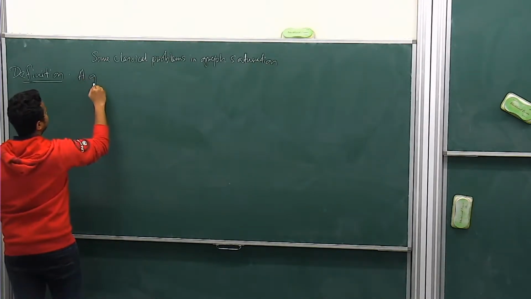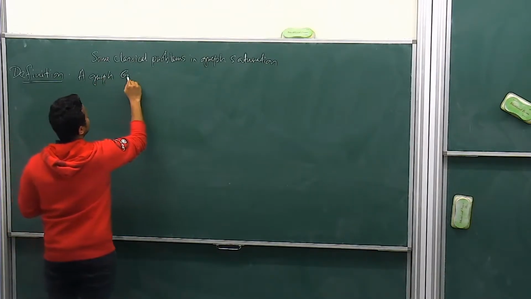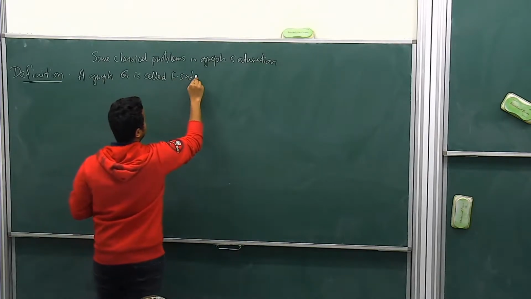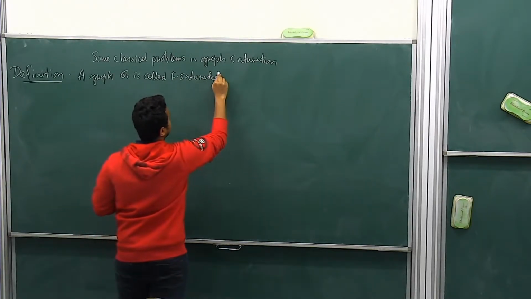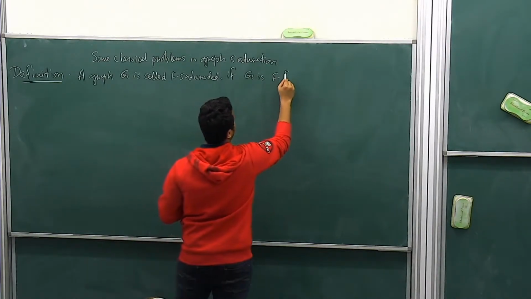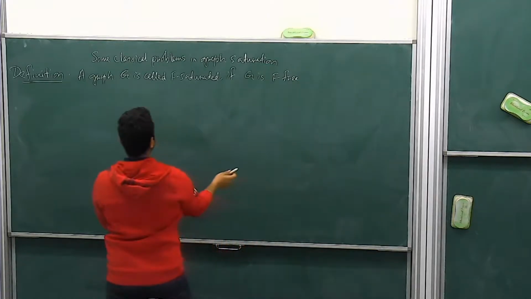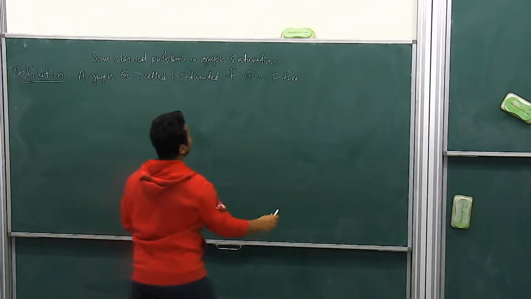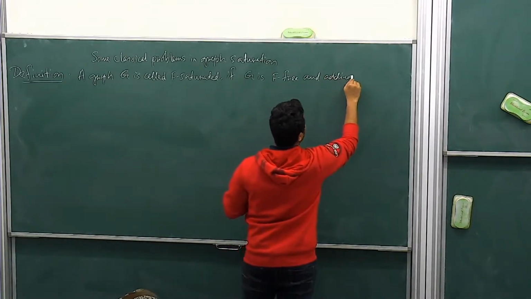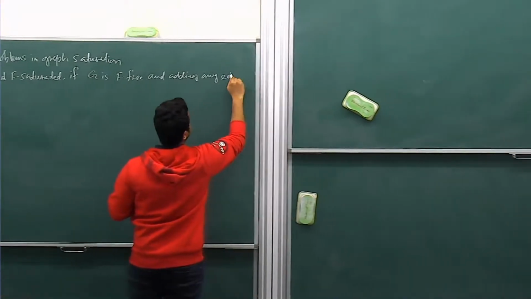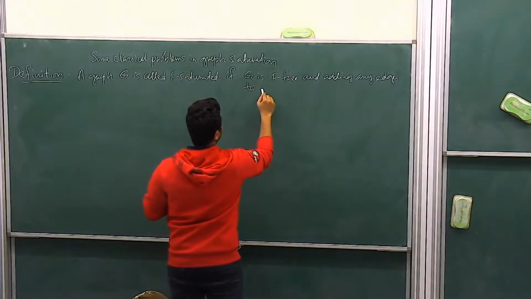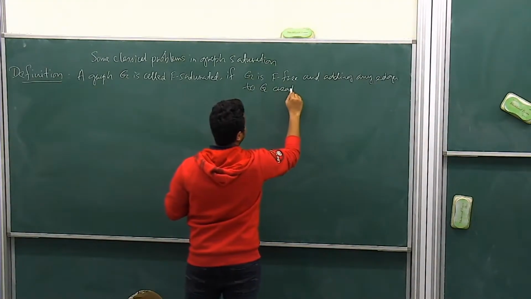A graph G is called F saturated, where F is also some graph, if G is F free, and adding any edge to G creates a copy of F.